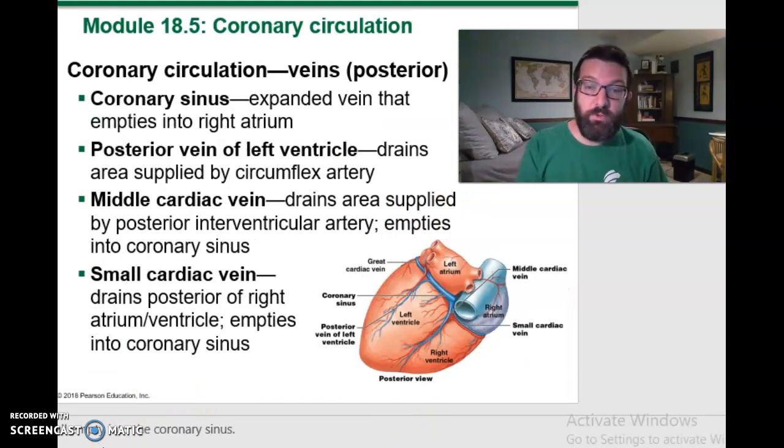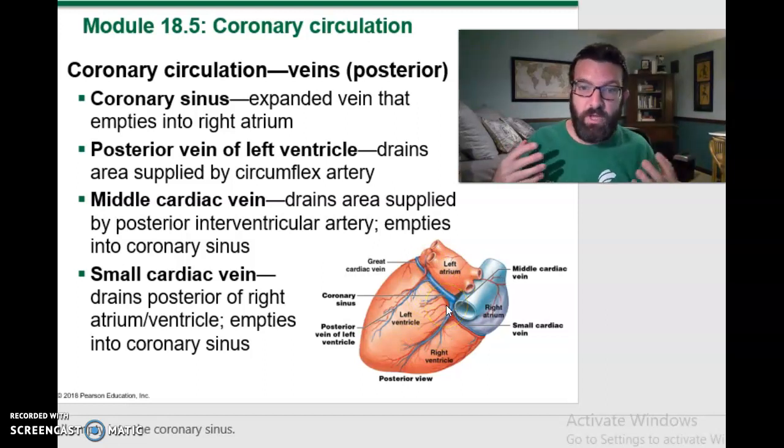If you swing around to the posterior side, that great cardiac vein that came up the anterior interventricular sulcus and swings around the back dumps into what's called the coronary sinus. Now you also have a middle cardiac vein back here in the posterior interventricular sulcus that also dumps into the coronary sinus. Ultimately, all of this stuff dumps into the coronary sinus.